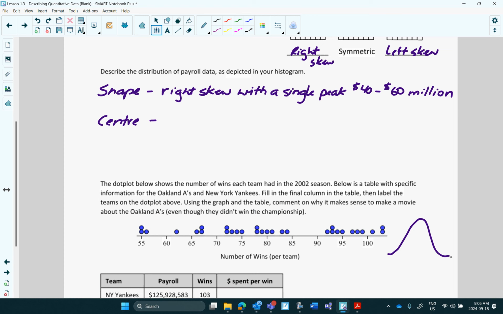So don't always assume that the center is at the peak bar. Because if you look at this histogram, I would say the center's between 60 and 80 because it's getting pulled to the right a little bit. So I would say approximately 60 to 80 million.